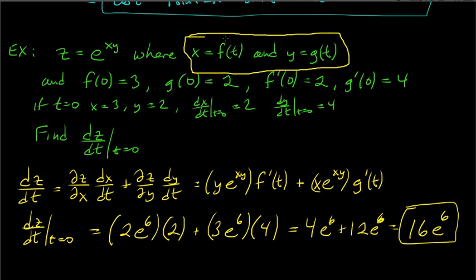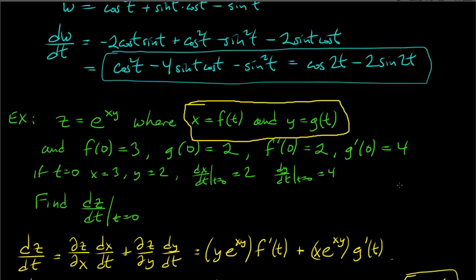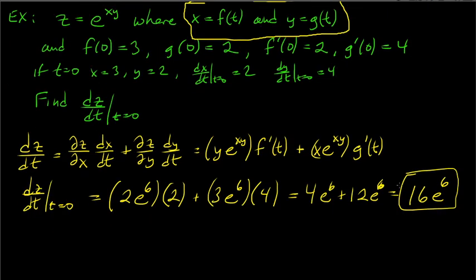You can do this directly by just substituting, but I find this way just much easier. And it could be the reverse. It could be the function z as a function of x and y might be unknown, and x and y might be explicit functions of t. So it could be the other way as well.